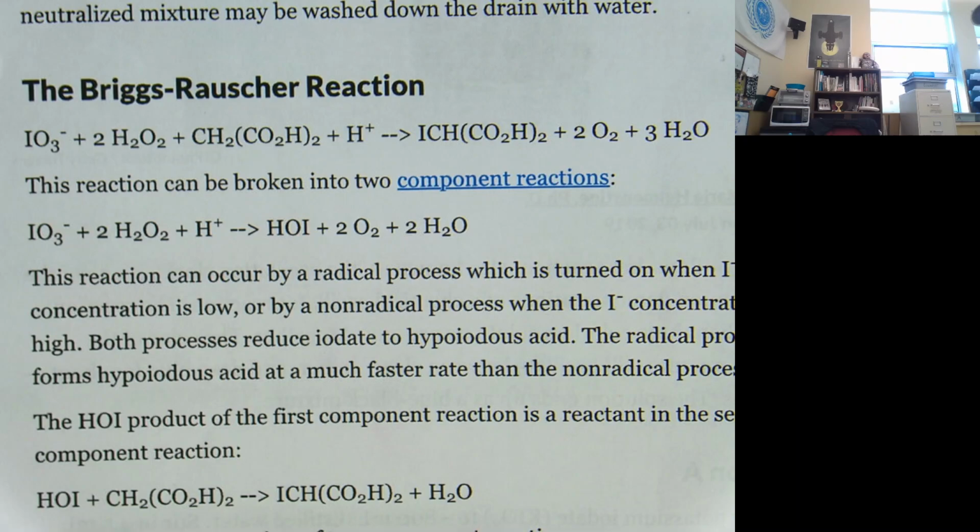What it does is it pulls out all of the iodine and turns it into an iodide compound. I don't want that purple gas.